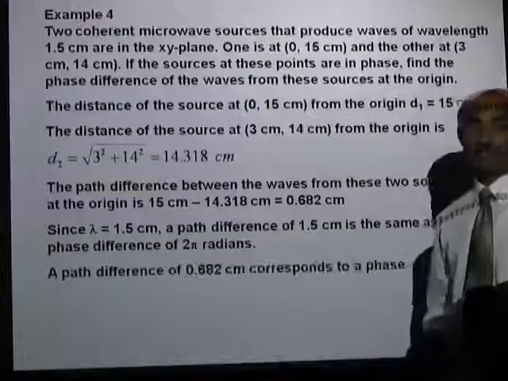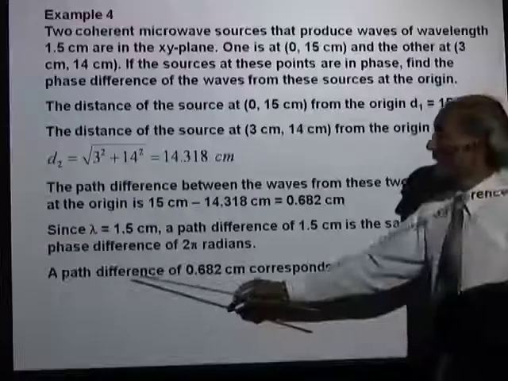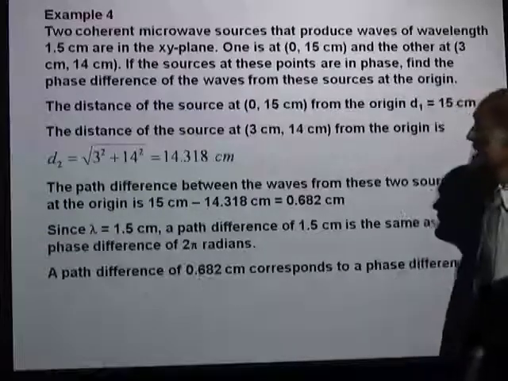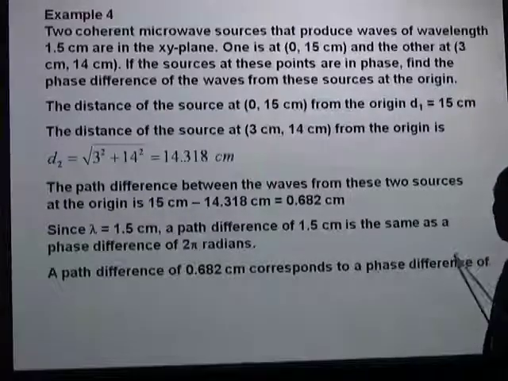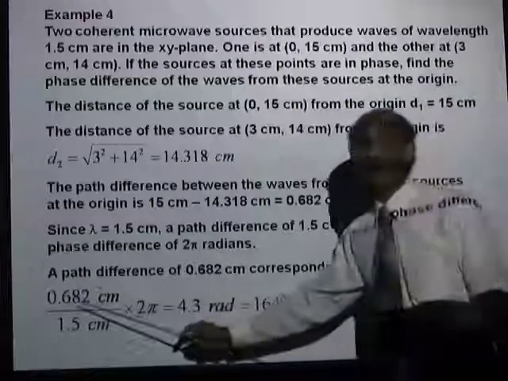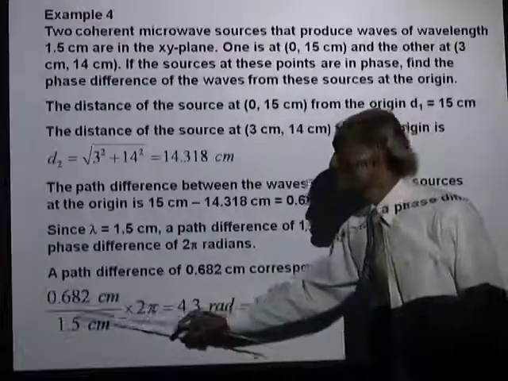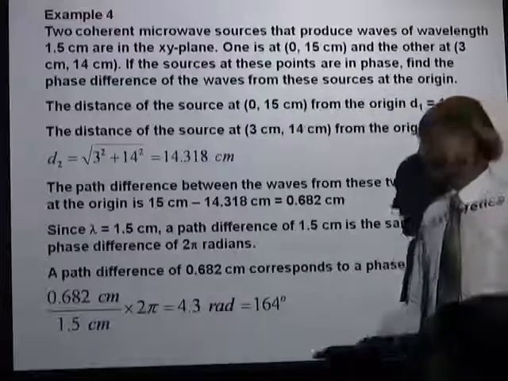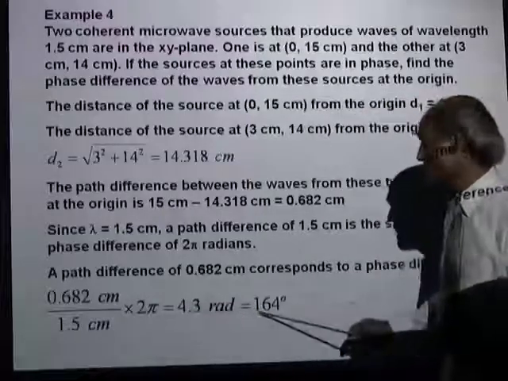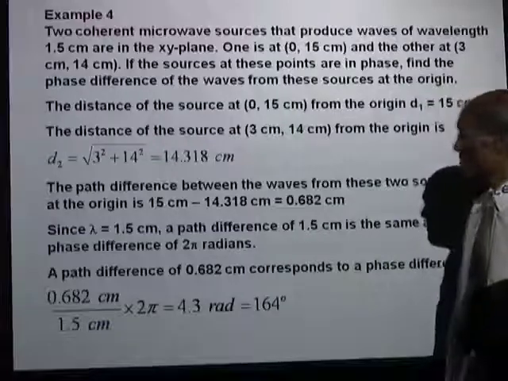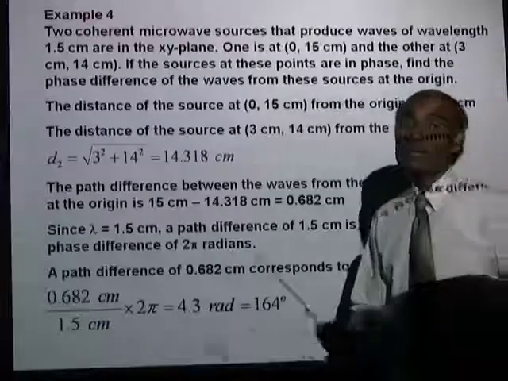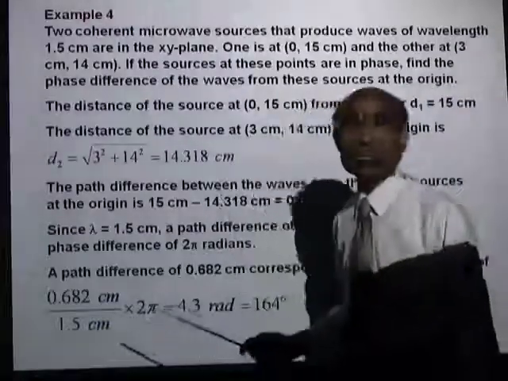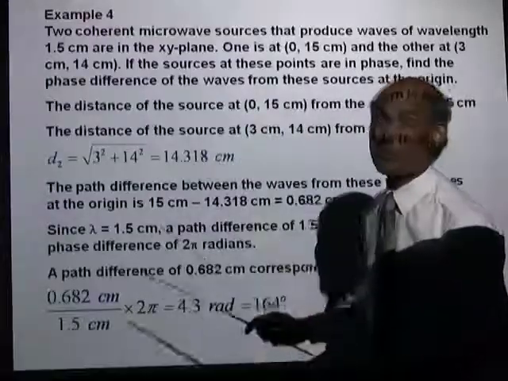I can leave it for you. You will be able to do that. A path difference of 0.682 centimeter corresponds to a phase difference of 0.682 divided by 1.5 multiplied by 2 pi, that is 4.3 radian or 164 degrees. That is the phase difference between the sources at the origin.